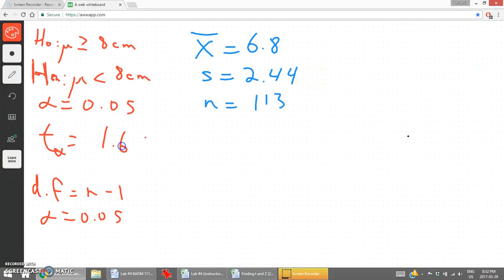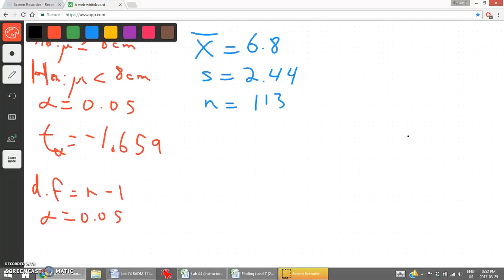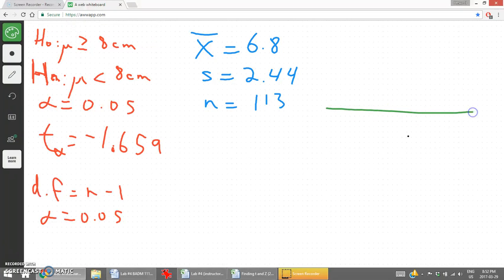Let's write that in there, and it is negative 1.659 because we are working on the lower end of the distribution. If we were to draw this out, McDonald's states that the French fries are 8 centimeters. They're actually stating that they're at least 8 centimeters. So we are going to be testing to see if it is less than 8.